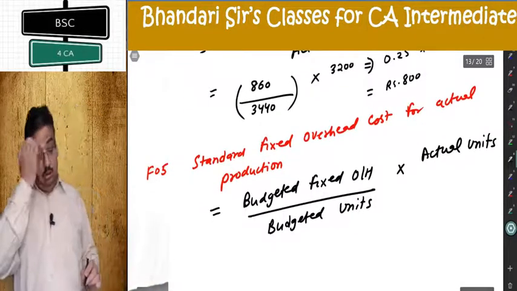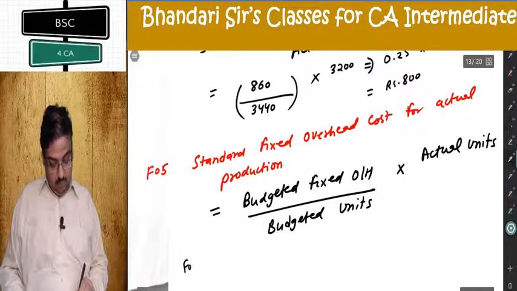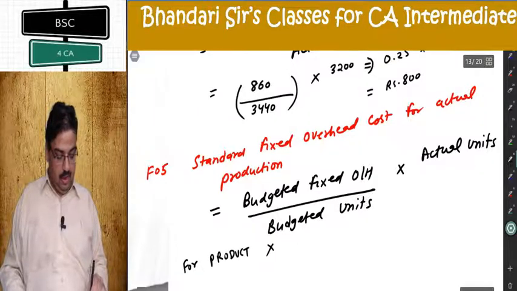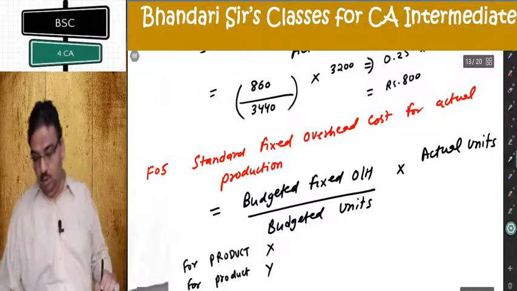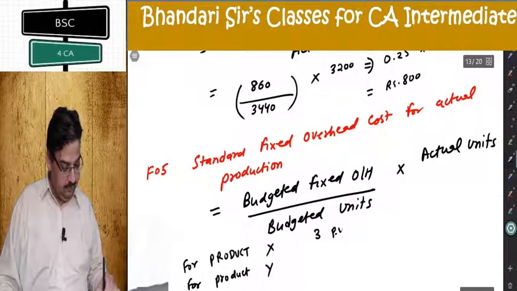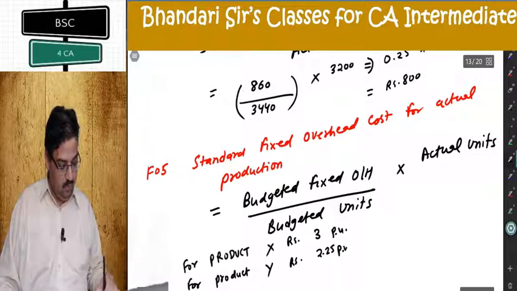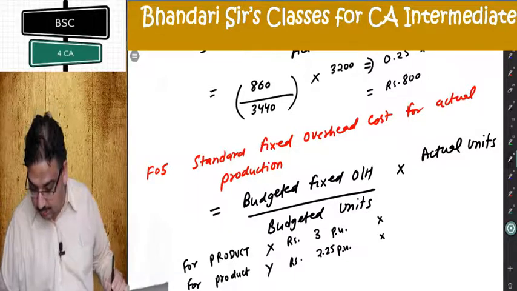Now standard cost per unit is given differently for X and Y. For product X, for product Y. Two products are given, 3 per unit and 2.25 per unit, multiplied by actual units.